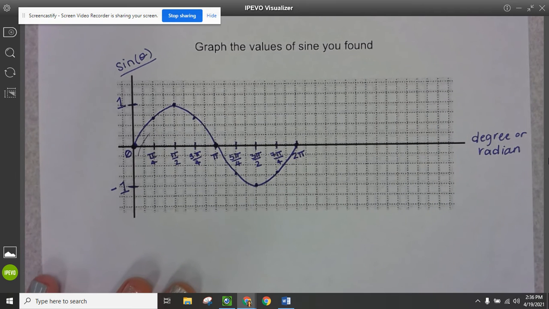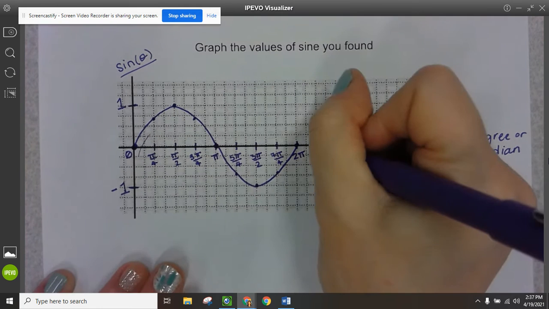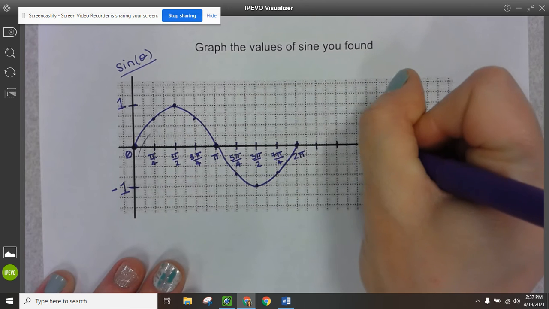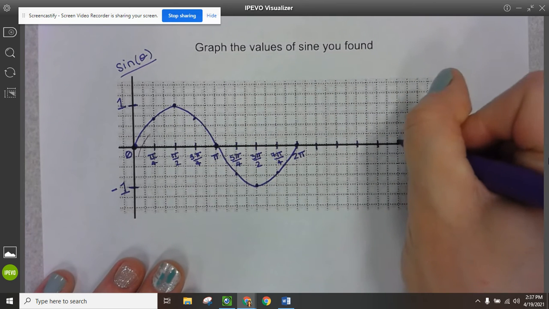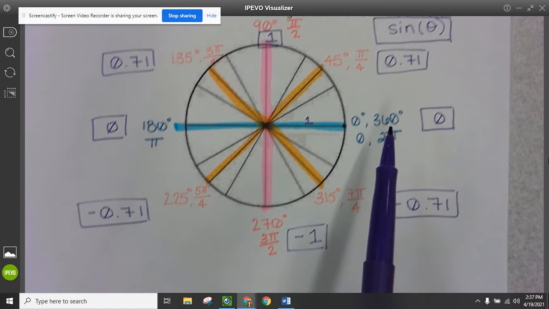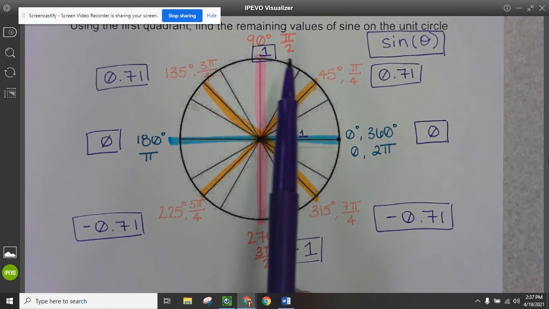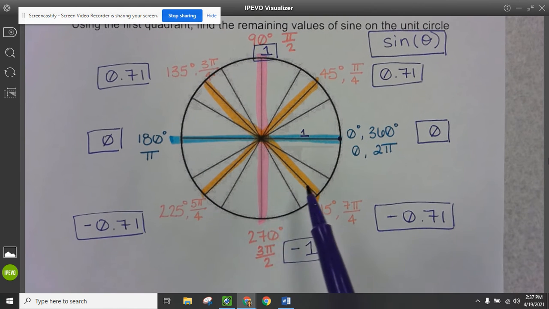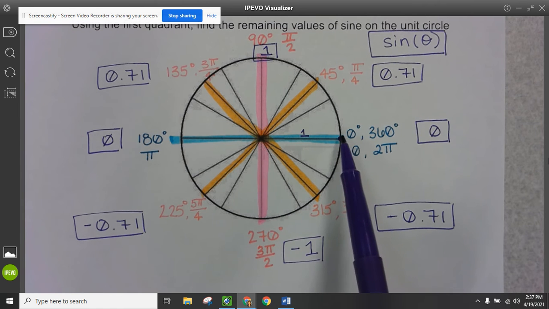Now the coolest thing about the sine function, or one of the coolest things, if I continued with these tick marks that I had done before, I'm going to continue going around the same circle. Now, granted, these would be those coterminal angles, or the angles that end at the same spot.